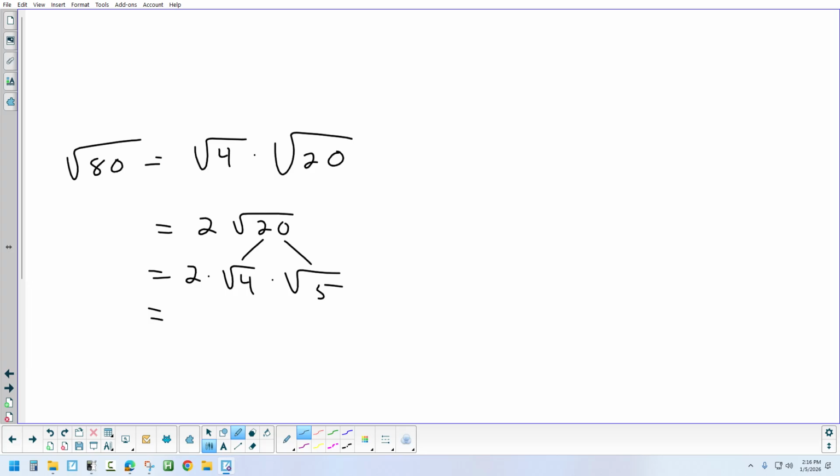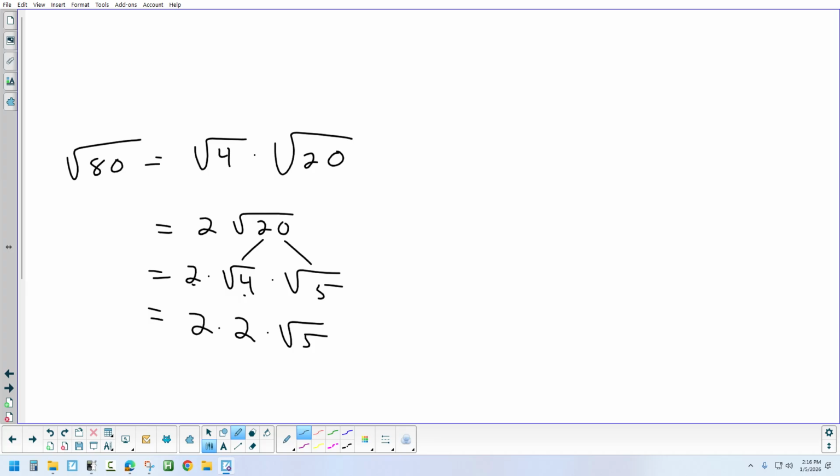What's the square root of 4 going to give me? That gives me a 2. So I've got a 2 times 2, and I can multiply the 2's together in front.